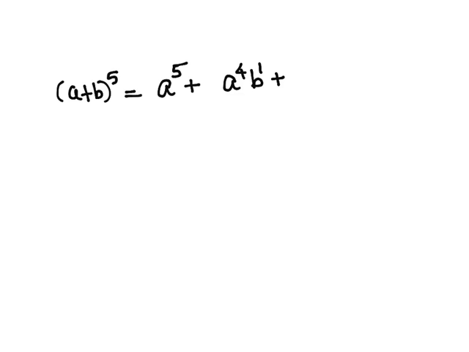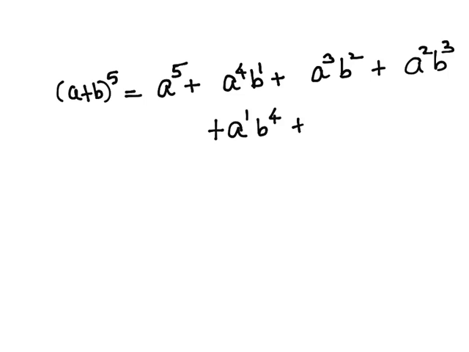Plus, the next term will be a cubed, again from 4 it becomes 3, and b squared, from 1 it becomes 2. Okay. Plus the next term will be a squared b cube. The next term will be a power 1 b power 4, and the last term will definitely be b power 5.